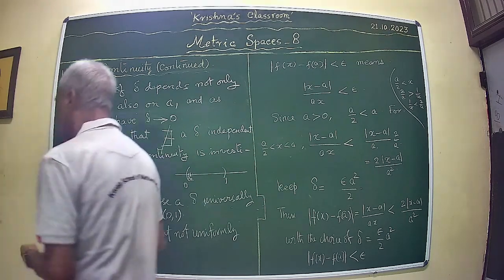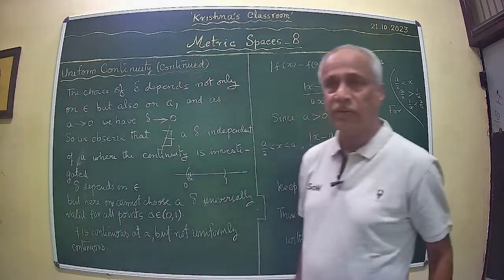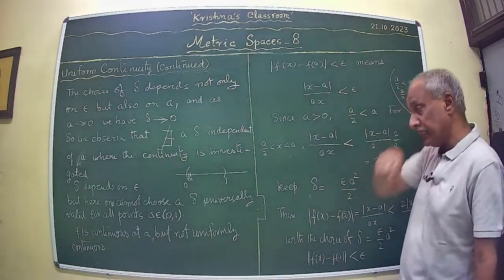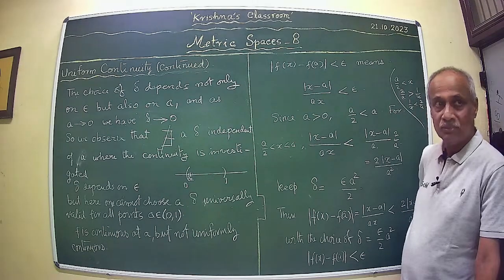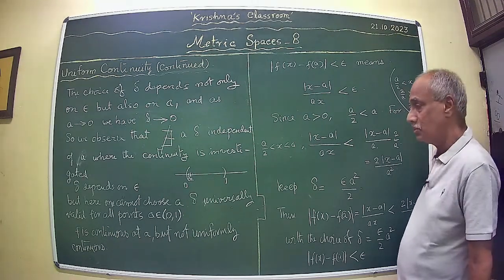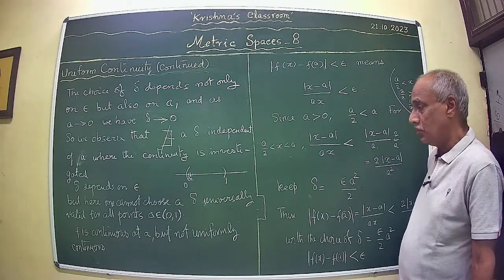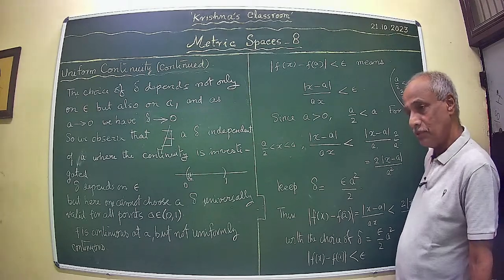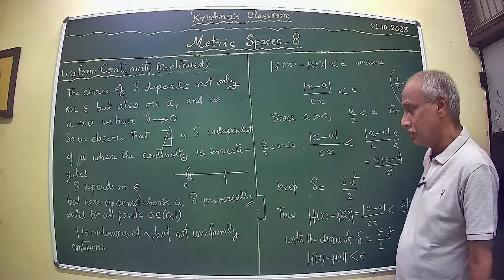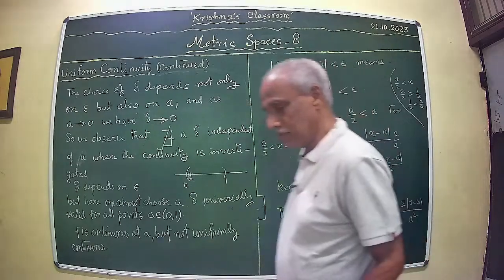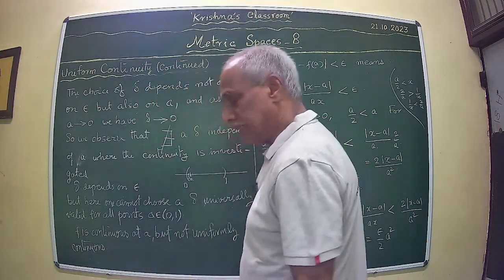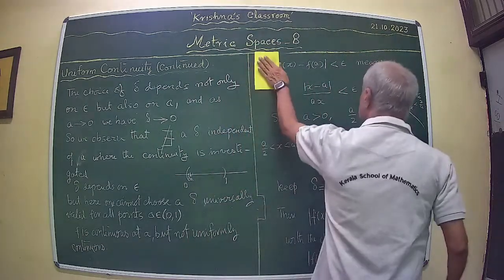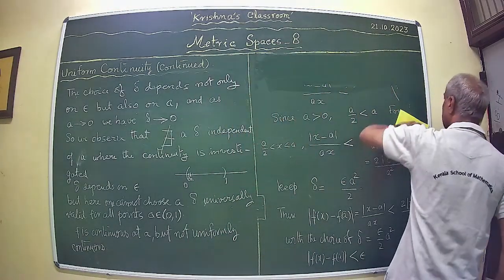Uniform continuity is a situation where, given an epsilon, you can find a delta that works for all points on that interval. So this is the problem.